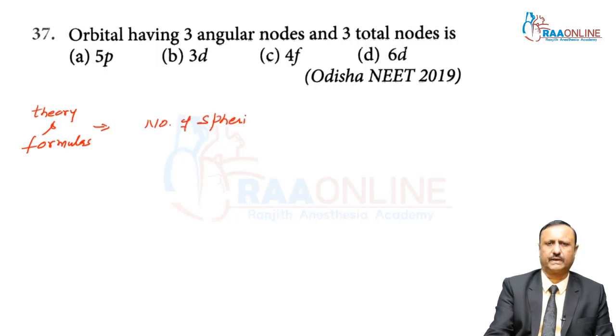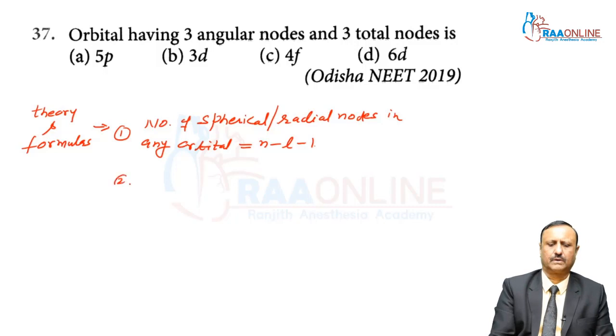Number 1, the number of spherical or radial nodes in any orbital equals n minus l minus 1.